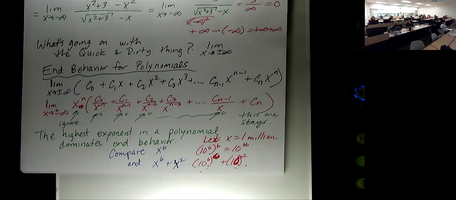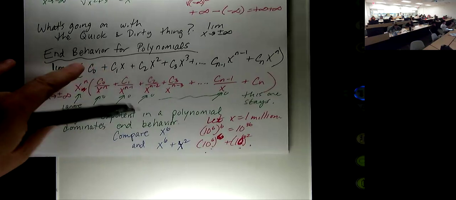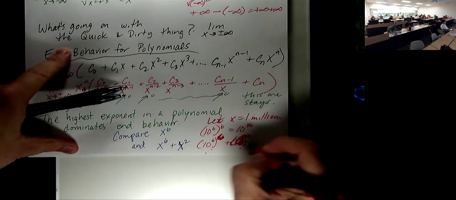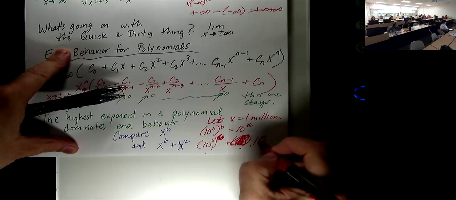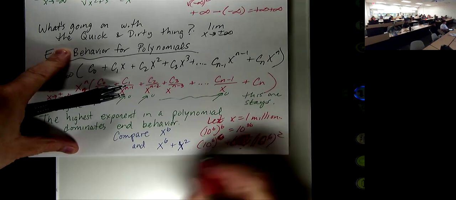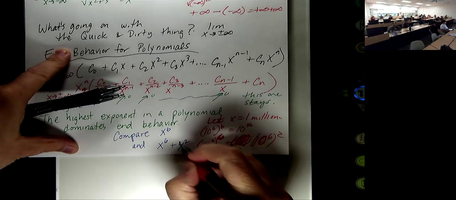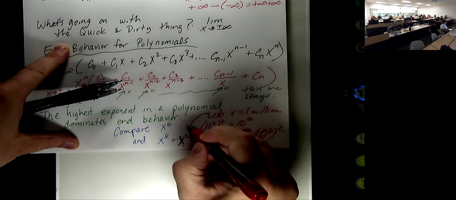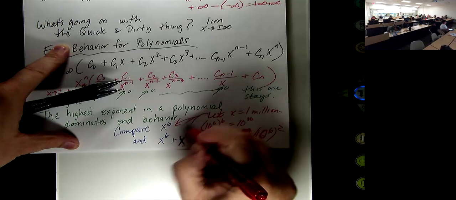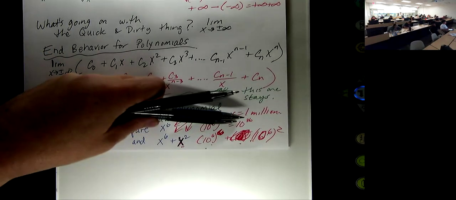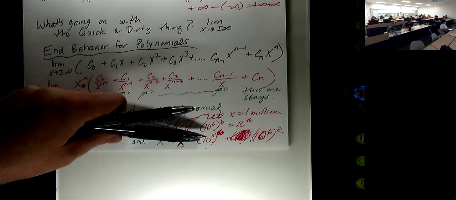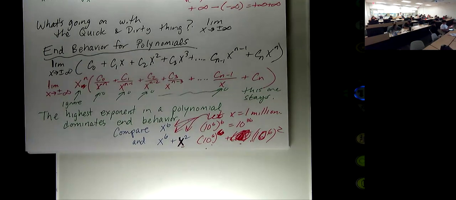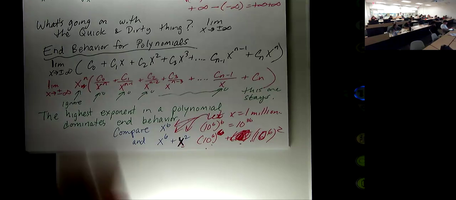I'm replacing this x with 10 to the 6, so I plugged 1 million into each of those. The top one is super big, and this one is a little bit smaller: 10 to the 36 and 10 to the 12.